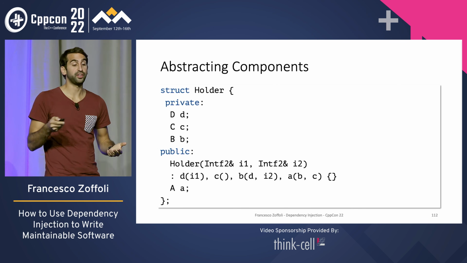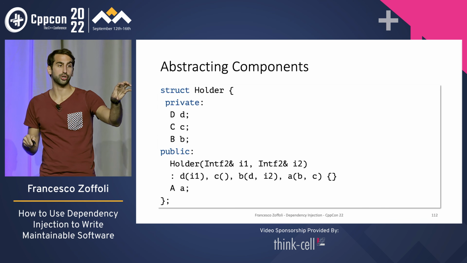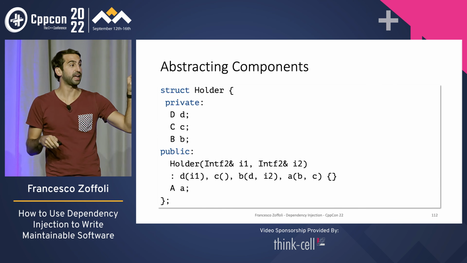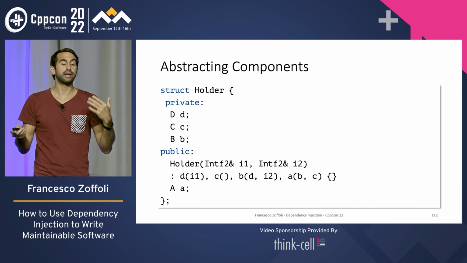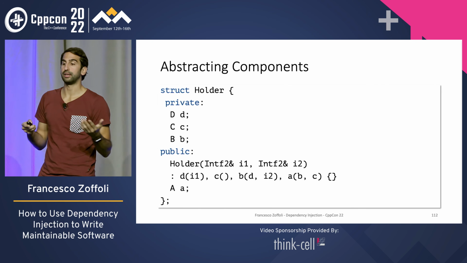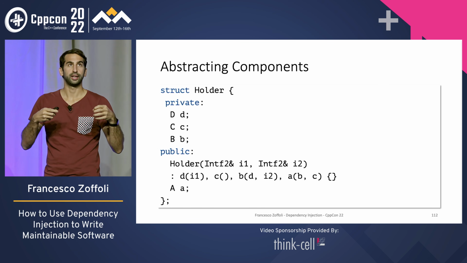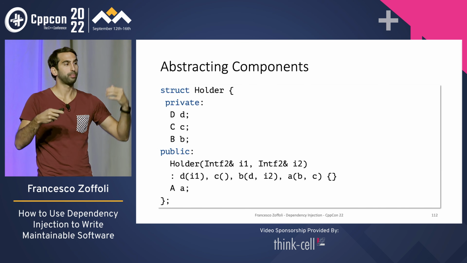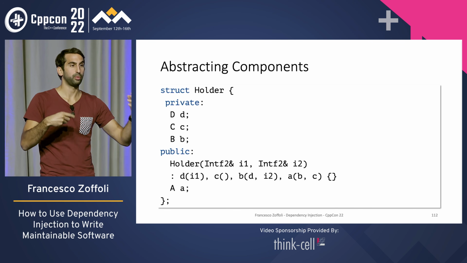The other alternative here could be, for example, to have A in the private section and expose only an interface reference to A. That will give us more flexibility, but I argue that in this situation, we are not talking about, like in a factory, polymorphism or being able to change which component we return.